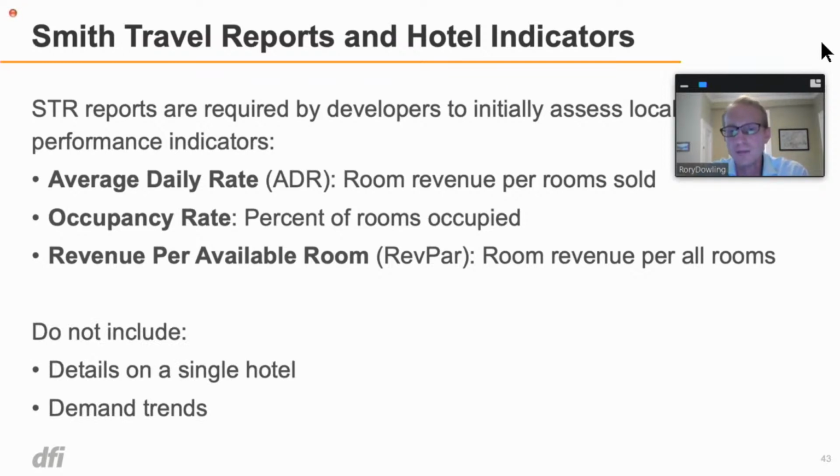Because hotels are willing to report their metrics, they know that they're not going to be sharing any trade secrets, because it is an average. You see basically an average of these 6 hotels surveyed. They do not give you individual data for each hotel. It also doesn't show any demand trends, of course. So we use that historical data to predict where we're headed.